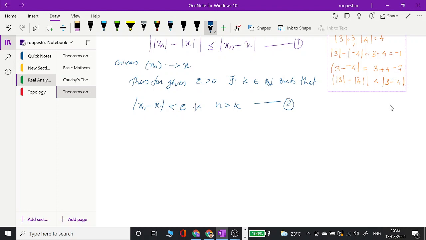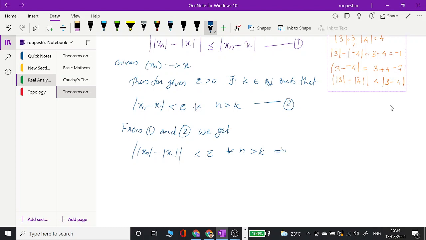Now you can compare those two. From 1 and 2 we get modulus of mod xn minus mod x, which is less than epsilon for every n greater than k.